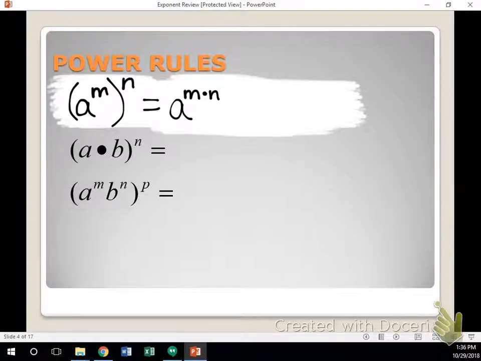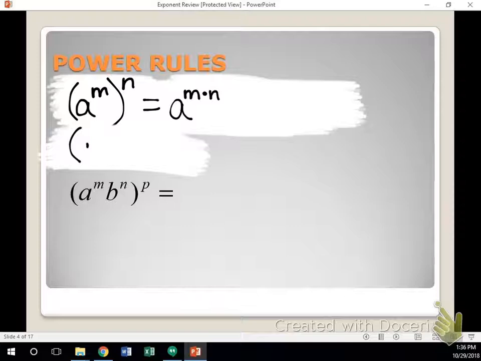All right, the next one, we have a times b in parentheses, and the exponent on the outside of the parentheses is an n. For that one, that exponent can be applied to both the a and the b.